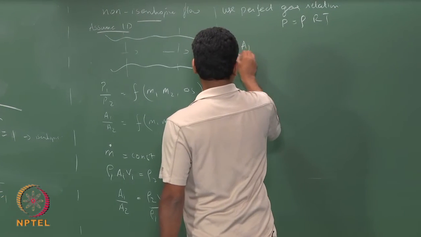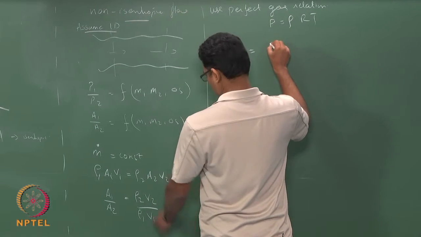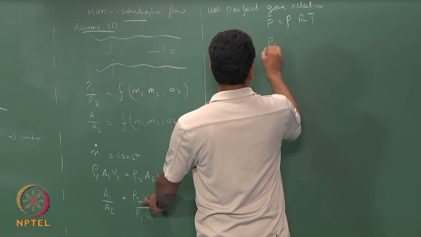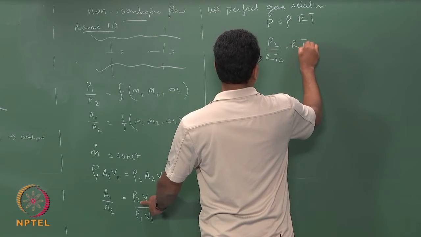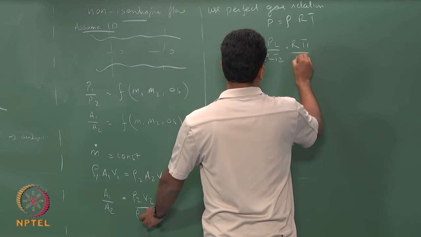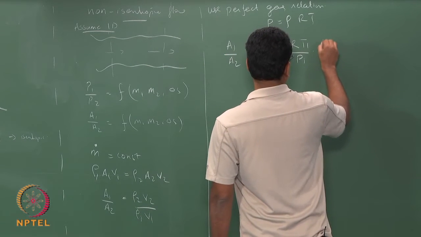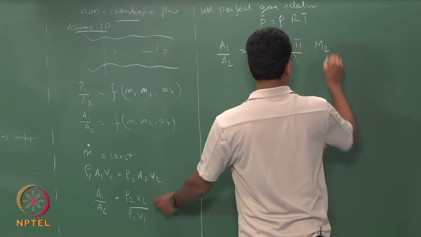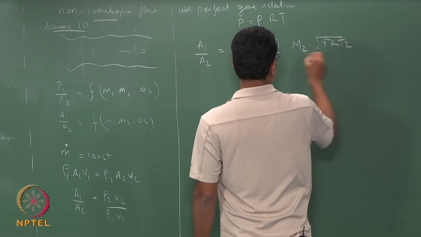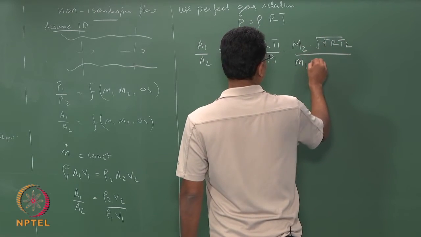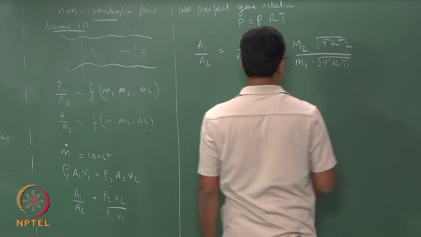So, my A1 by A2 is replaced by rho 2 as P2 by R T2 multiplied by R T1 by P1, into V2 replaced as M2 into a2, which is root of gamma R T2, divided by M1 into root of gamma R T1.